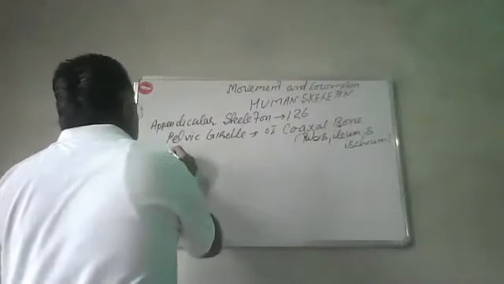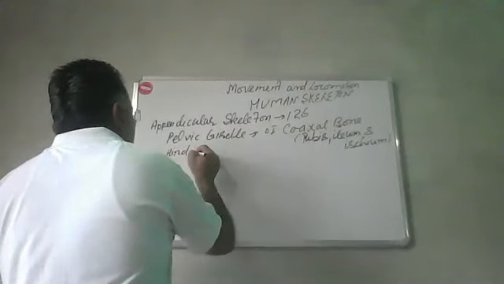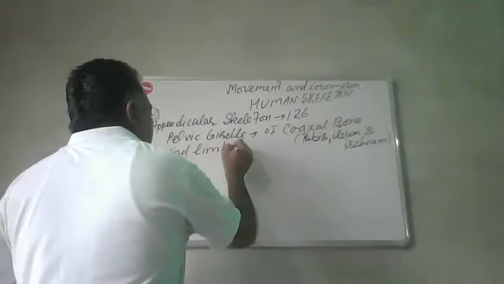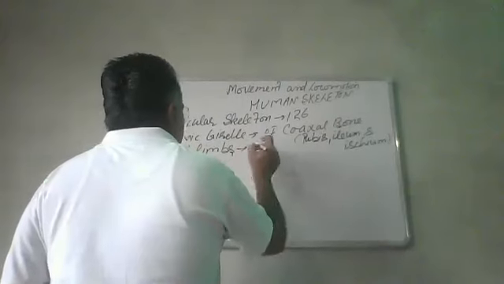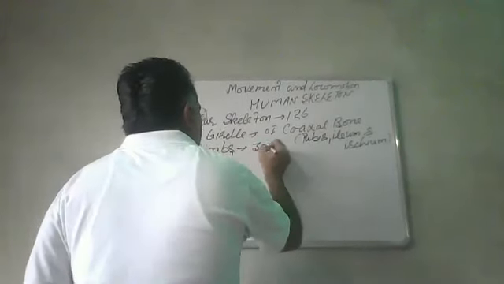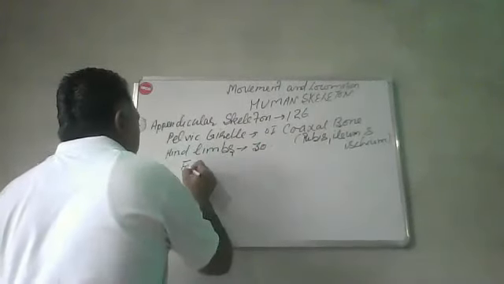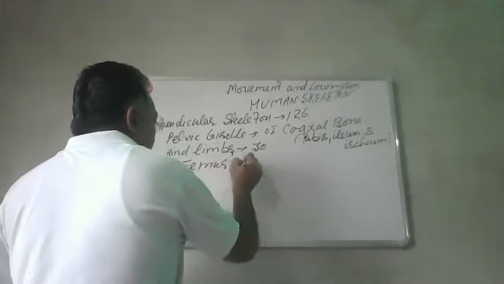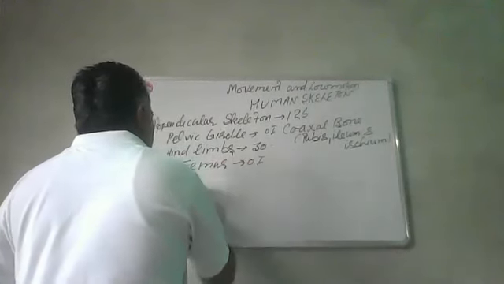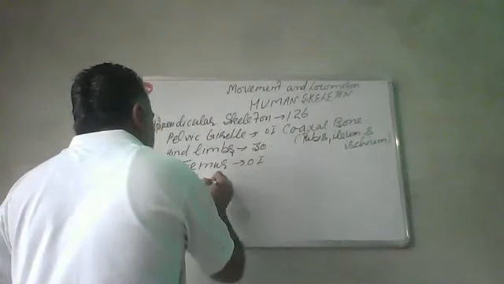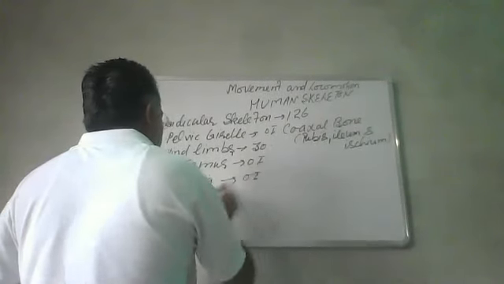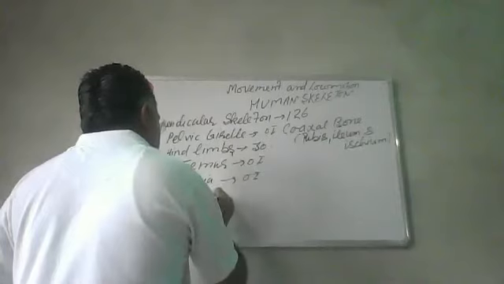After the pelvic girdle, the hind limbs contain 30 bones, and in hind limbs first is the femur. After that tibia, which is one, and fibula.